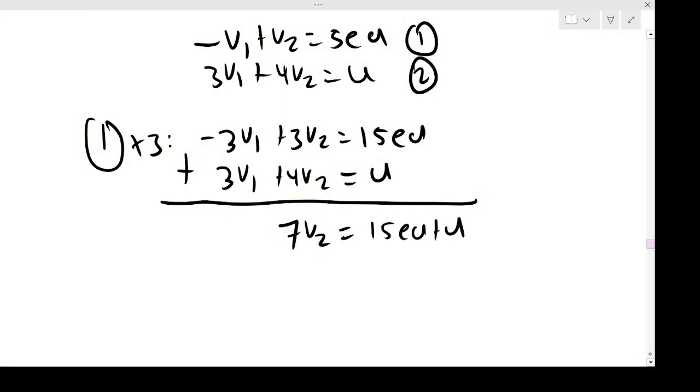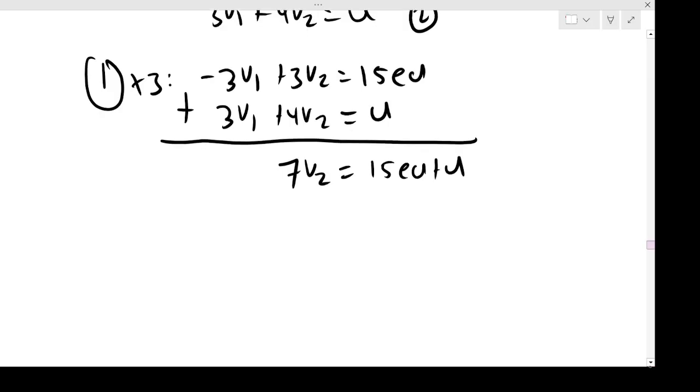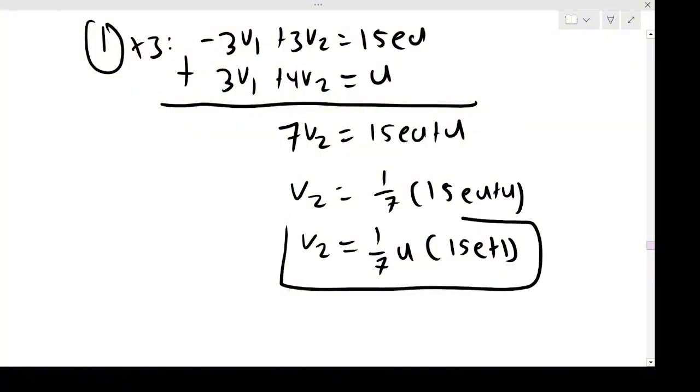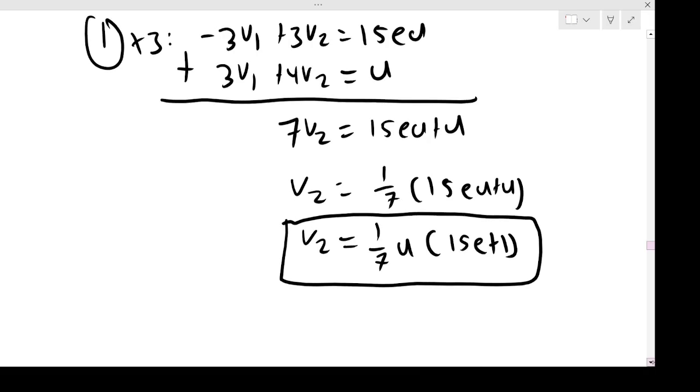Hopefully happy with that. And then I can just divide by 7, right? So it'd be a seventh of 15EU plus u. And then we can pull out a u as well. So it's a seventh u lots of 15E plus 1. And there we are. Quite weird algebra, a lot of letters, EUs, but hopefully happy with that.